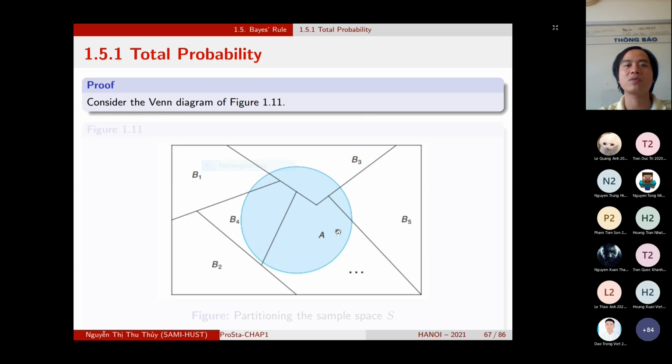Here is the Venn diagram to illustrate formula 1.31.